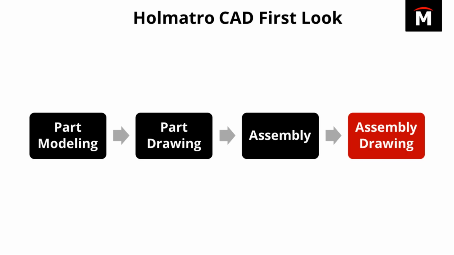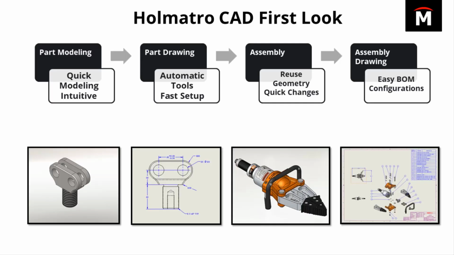So we've done quite a bit inside of this design scenario. We took a look at part modeling where we saw quick modeling is very intuitive with all of the on-screen visualizations that can be used. We then documented that in a part drawing. We saw automatic tools to bring in some of the views as well as leveraging part model dimensions. We took a look at adding that part file to our assembly.